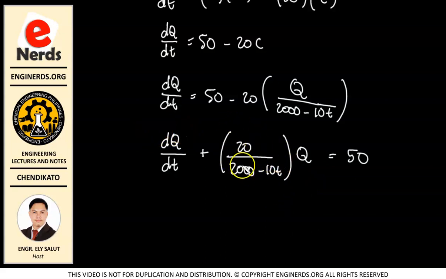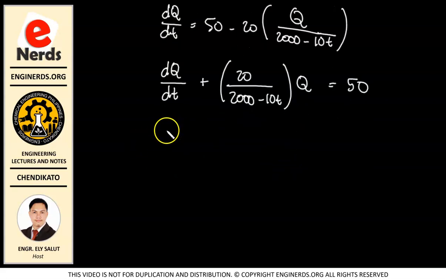But let me simplify this further, no, because we know that our numerator here and our denominators are both divisible by 10. So let me divide this by 10, ano, para mas simplified yung ating equation. So we have dq over dt plus 20 divided by 10, so we will have 2. So we have 2q over 2000 divided by 10, so we have 200 minus 20 divided by 10, so we have t.